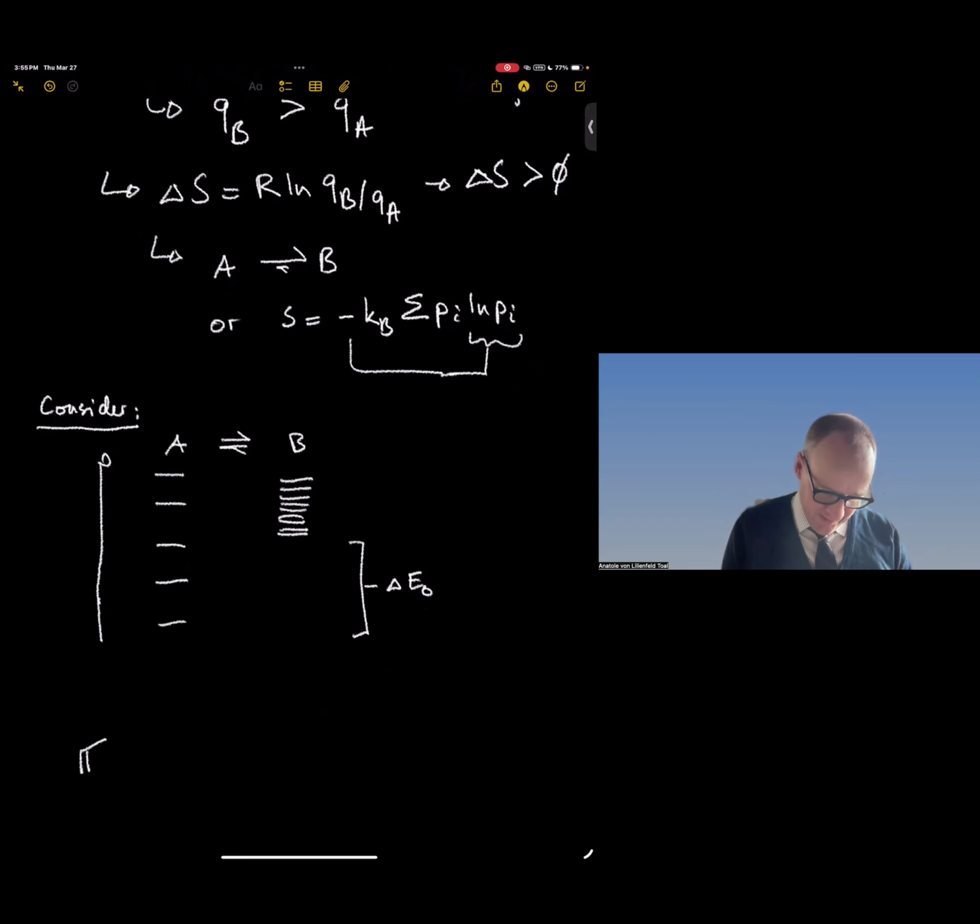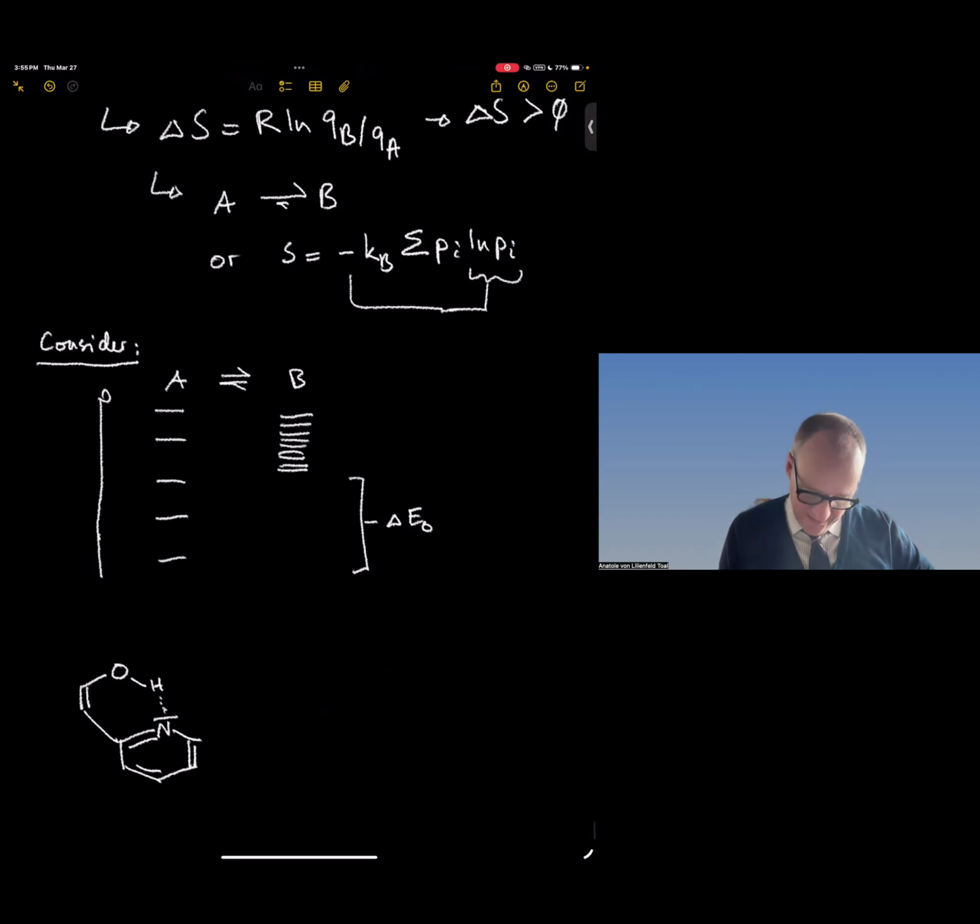Imagine a conformer where I have a hydrogen bond that can form, for example, with a pyridine ring. I could have an intramolecular hydrogen bond, and this system can be in equilibrium with the open form without the hydrogen link.